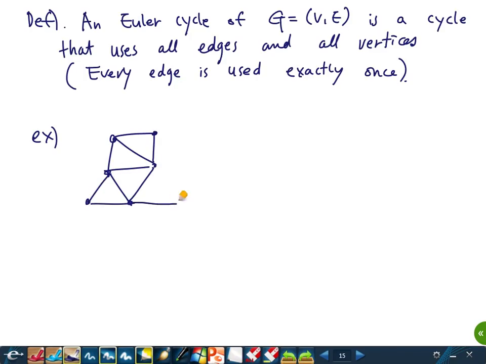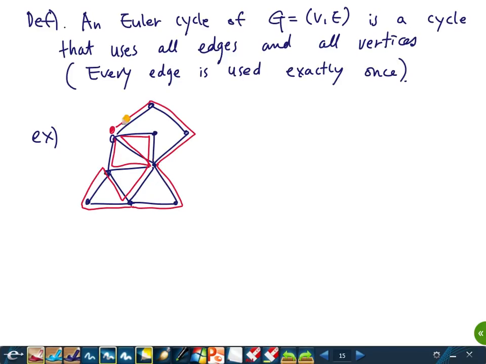Do you think it's possible to find an Euler cycle of this graph? Can you find the cycle? And actually, yes. Let's say the cycle goes like this, starting from here, and then goes like this and this and this and this, and this and this, this vertex, this and this and this, right?